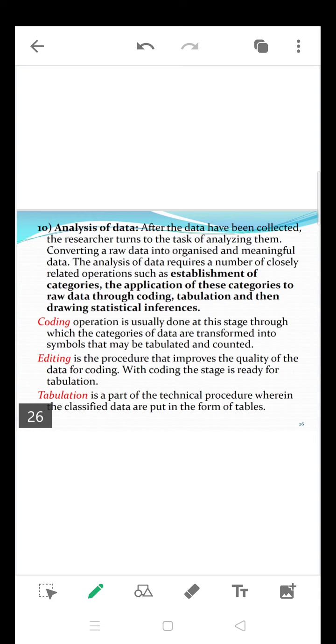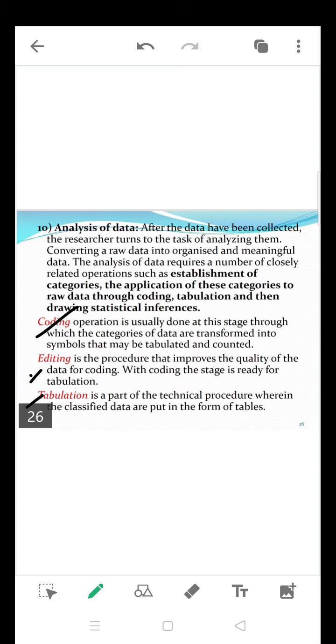After that, we are going to analyze the data by applying various methods like tabulation, statistical inferences, and so on. Before analyzing the data, we are going to arrange the data in a tabular formation. The tabular formation includes coding, editing, and tabulation.